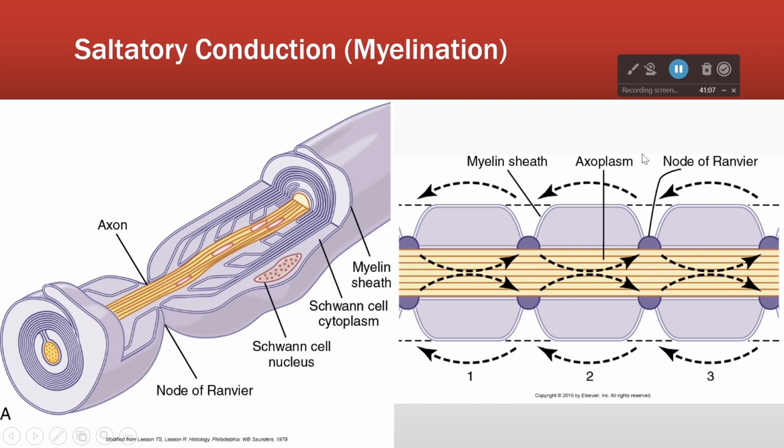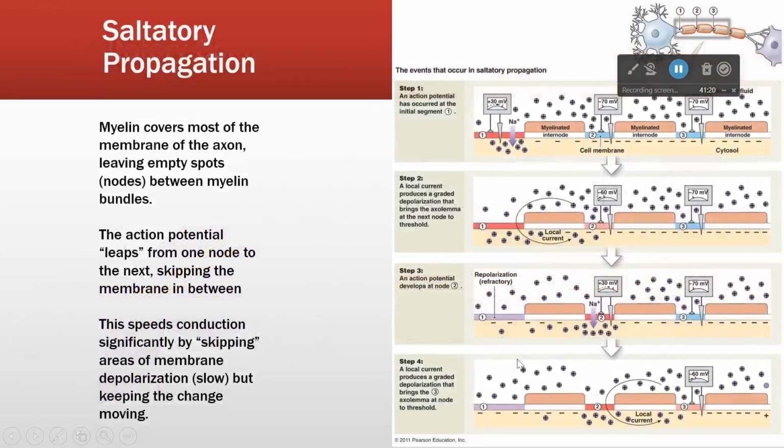A node of Ranvier is one of these areas where there's lots of voltage-gated channels that allow for very rapid propagation of the action potential from one end to the other.